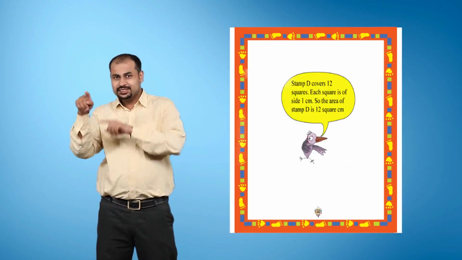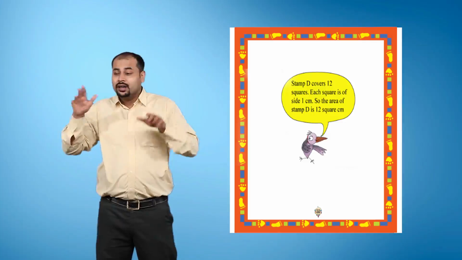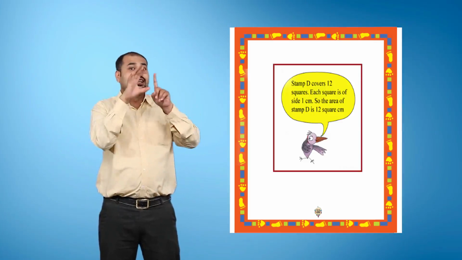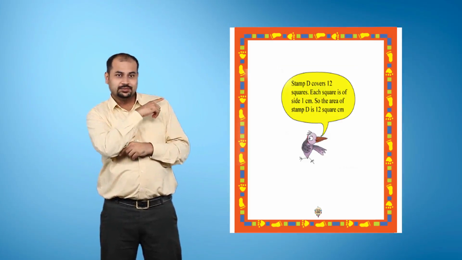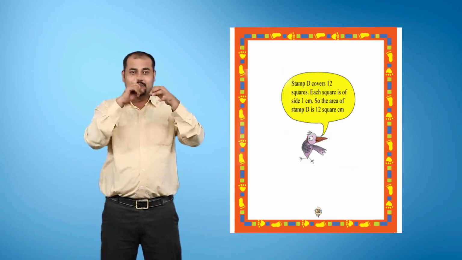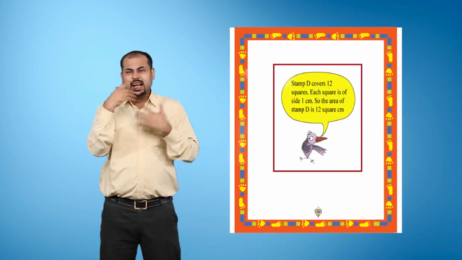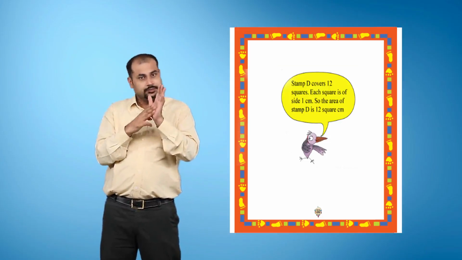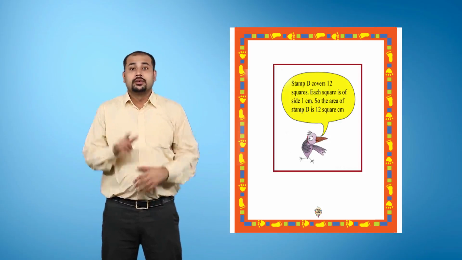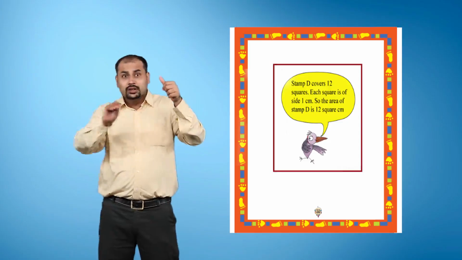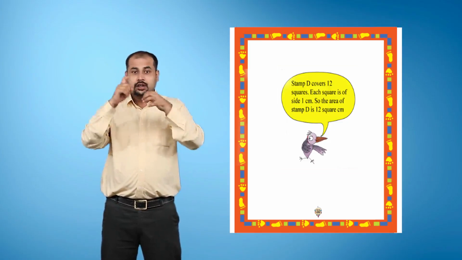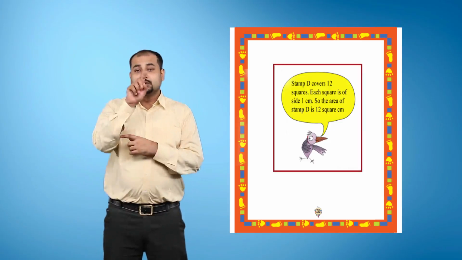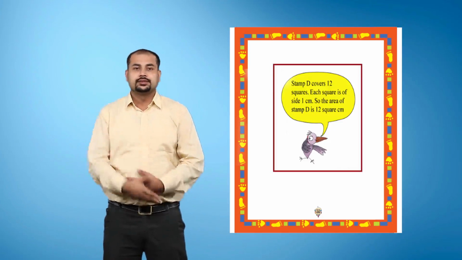To the right side of these questions, there is another bird which is telling us stamp D covers 12 squares. Each square is of side 1 centimeter. So the area of stamp D is 12 square centimeters.